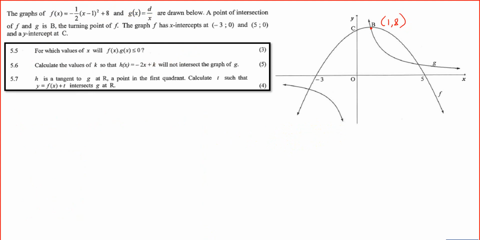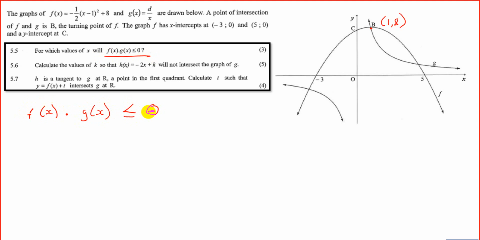Okay, the next question wants us to find out for which values of x is f of x times g of x less than or equal to 0.